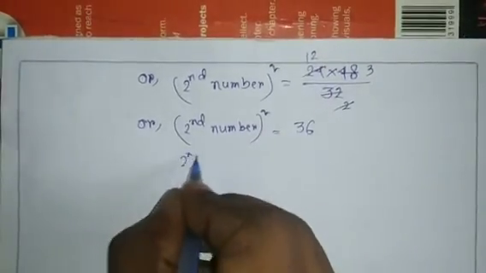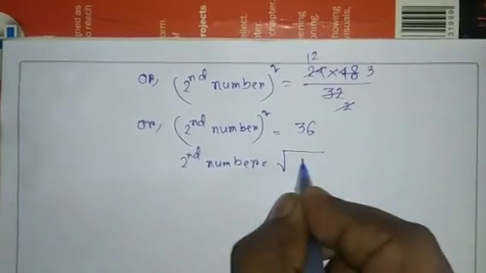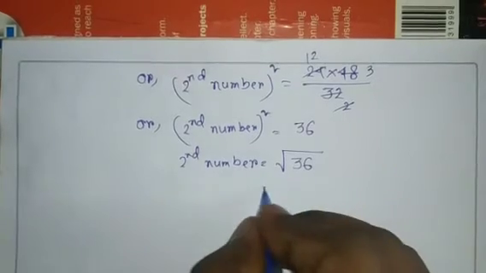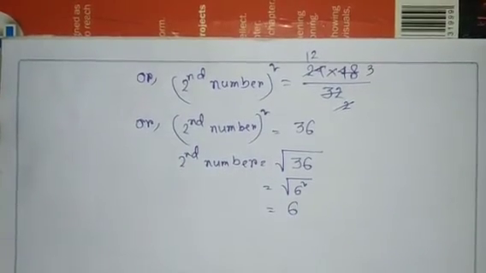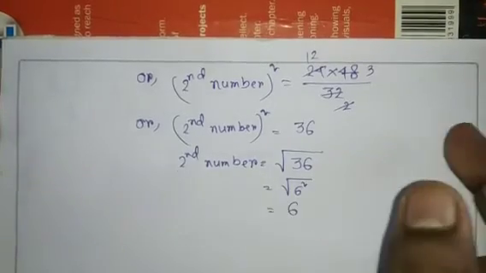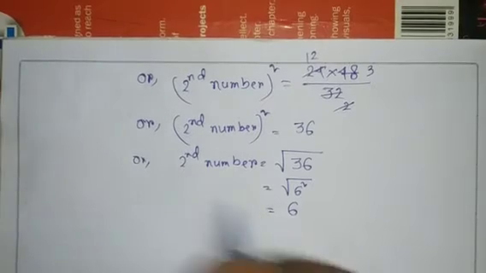That means second number will be the square root of 36, which is 6 square. That means only 6. If you have any problem in this, you can factorize it also. Now we have got the second number, which is 6.